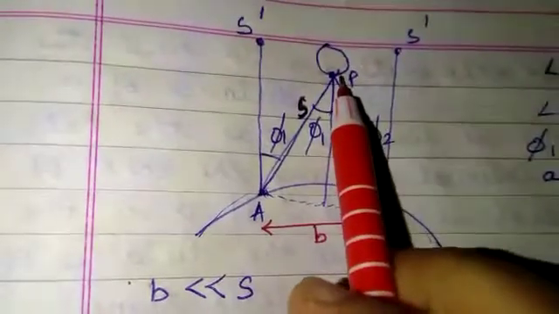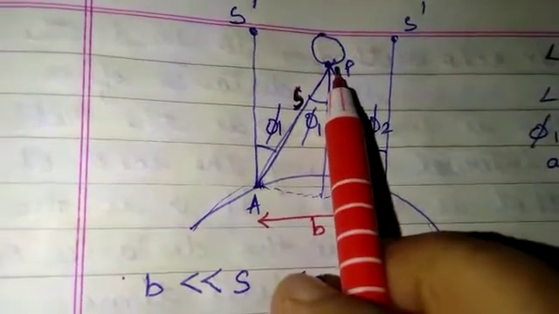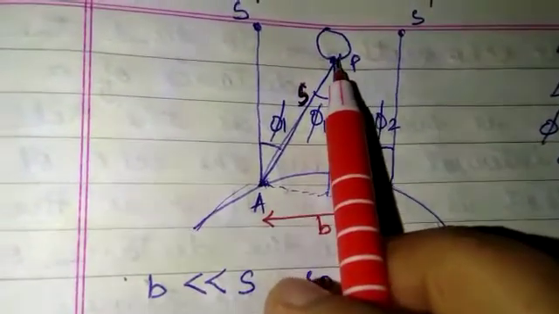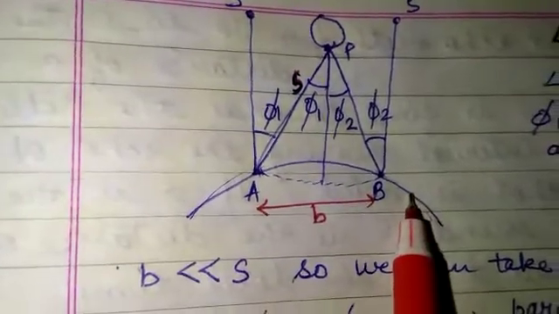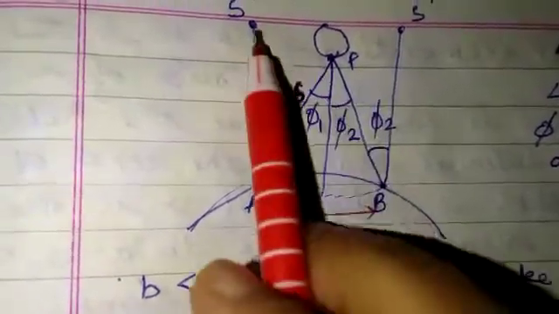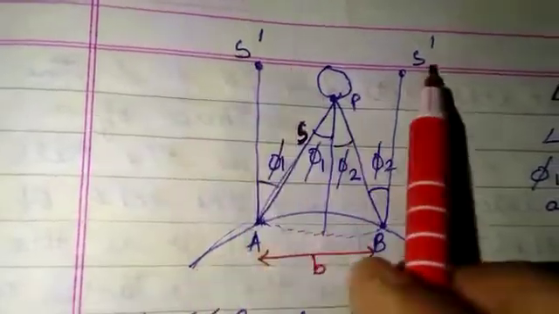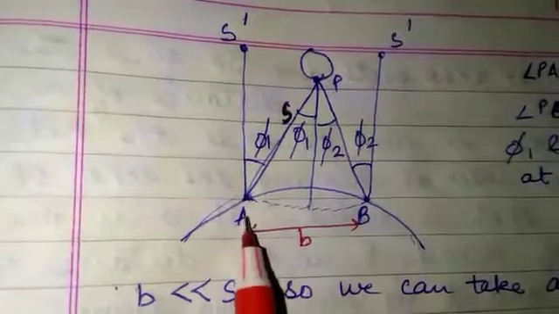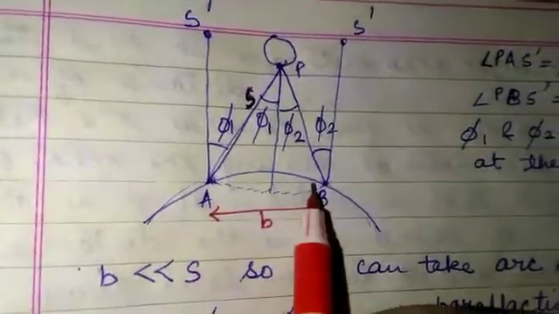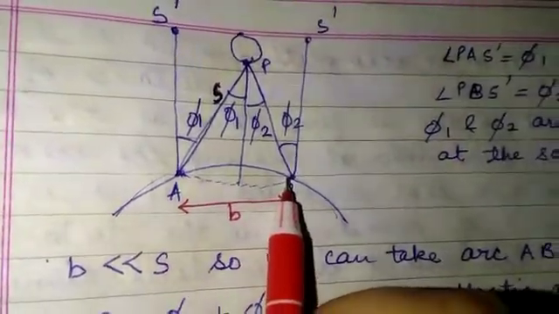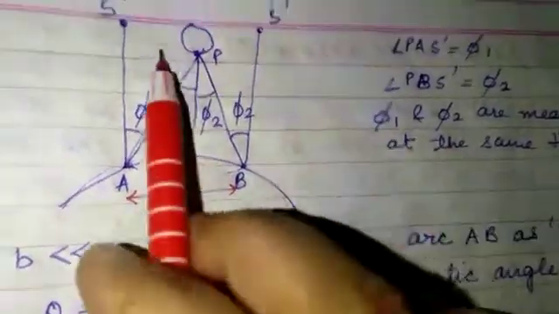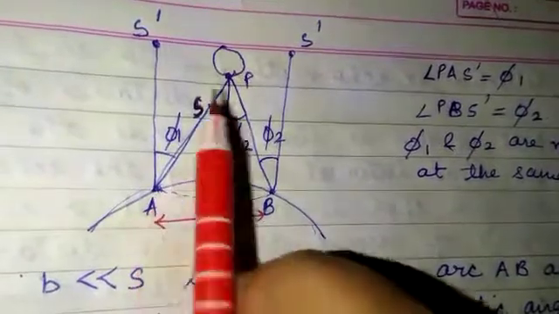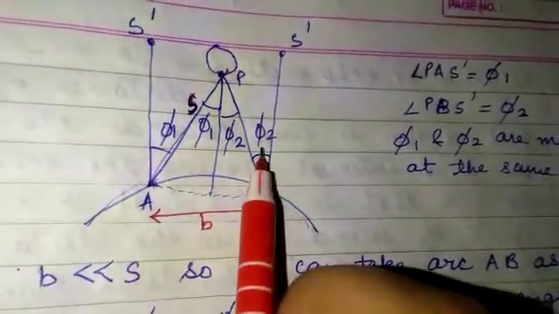Now this is the planet P, and we have to measure the distance of this planet P. Here A and B are the two points of observation on the earth, and for doing that we have taken any far star S dash. First we will measure the parallactic angle at A and B at the same time, and the angles are phi 1 and phi 2.